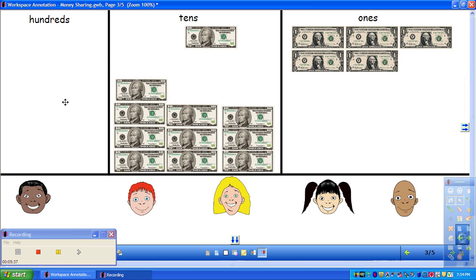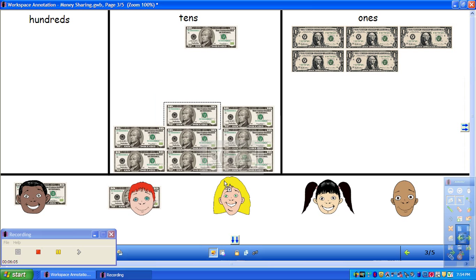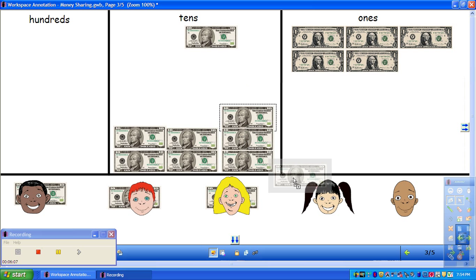So we traded it for $10 bills, and now we have enough $10 bills to give everybody. So I will now share the $10 bills with each person.